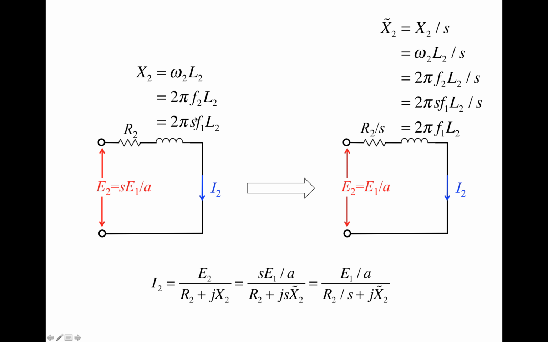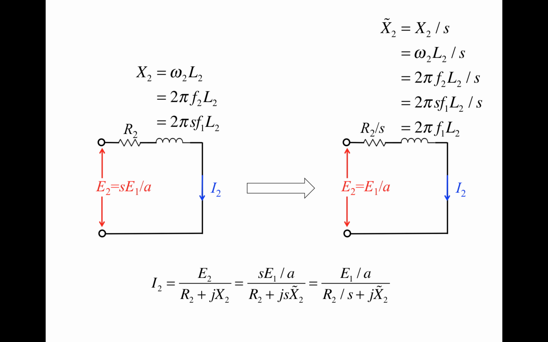So we want to get rid of the S here, without disturbing other things in the circuit. So how can we do that? One necessary condition that we have to follow is that we don't want to change the current. The current flowing through the circuit before and after the conversion must be identical to each other.